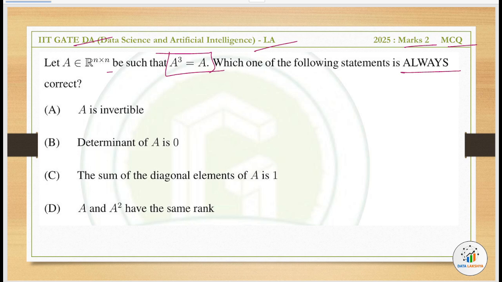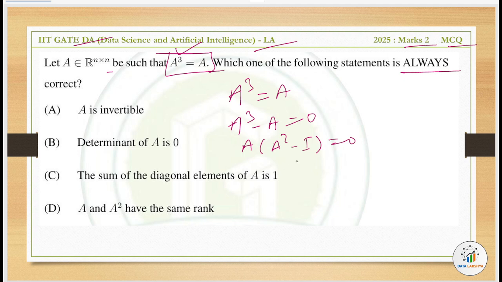So we can check here by using this equation, that means A cube equal to A. So we can write this as A cube minus A equal to 0, or A square minus I equal to 0.